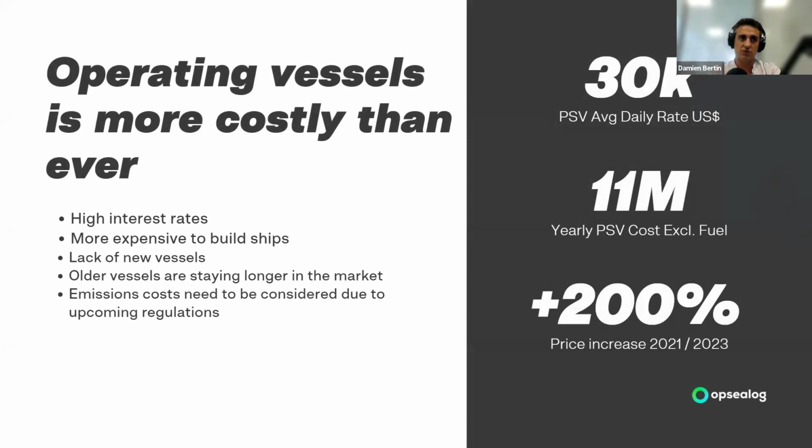There are some macro arguments, macro parameters that explain why stakeholders are focusing more and more on optimizing their operating cost. First one, money is more expensive than it used to be a few months ago. Interest rates are getting higher. So that means building new ships, for instance, becomes more expensive.